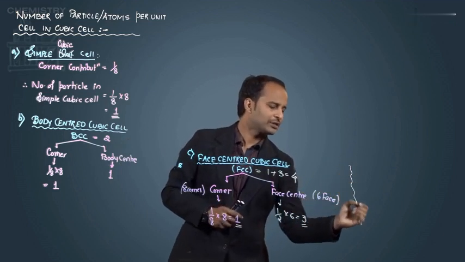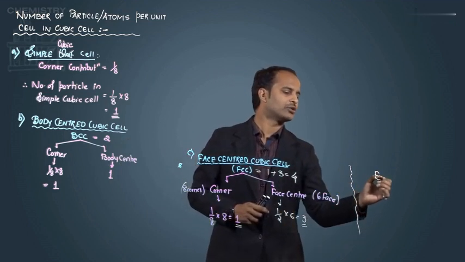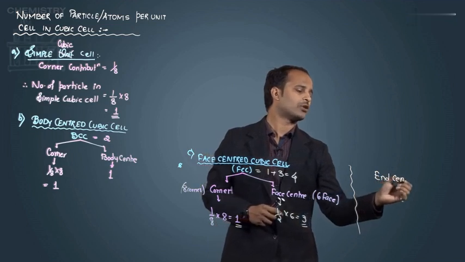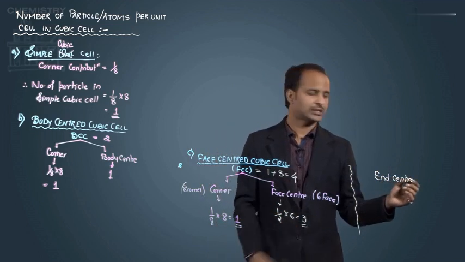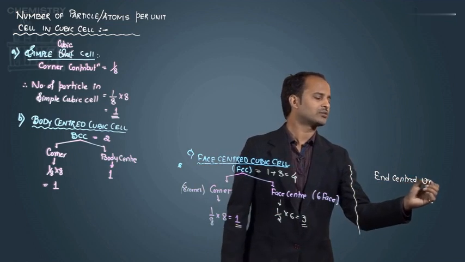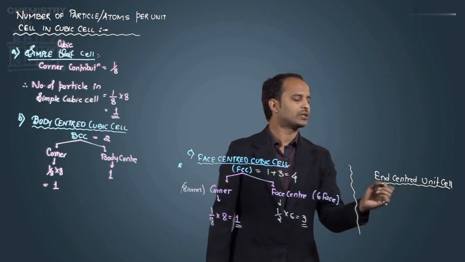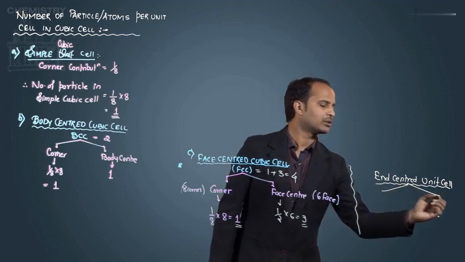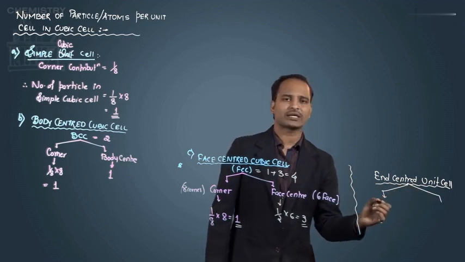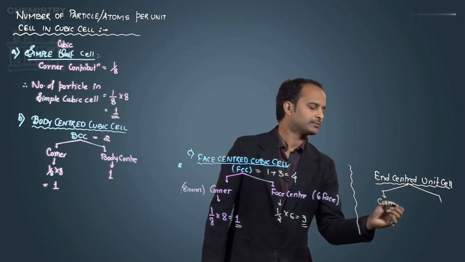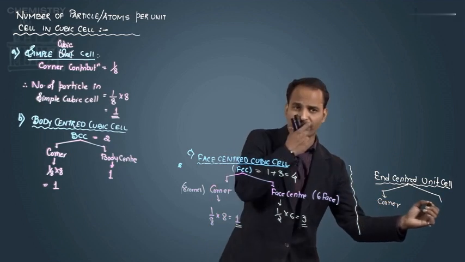Now just for reference, suppose the question is on the end-centered unit cell. End-centered is not a type of cubic cell. We are just considering it to know how many particles will be there. So in an end-centered unit cell, how many particles will be there? In case of end-centered, the particles are present on the corner and at any 2 faces.